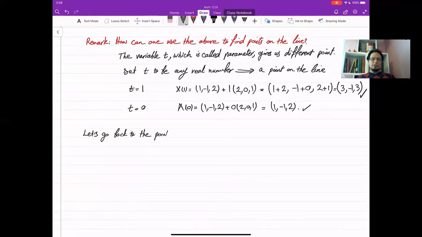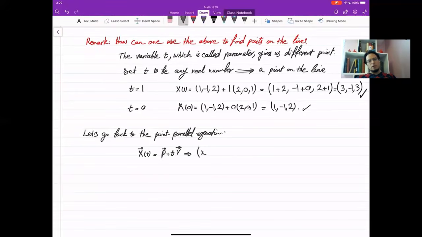Let us now go back to the point-parallel equation of the line we have, and let's just play with this a little bit. It's going to be x equal to p plus tv. Let's plug in the components.